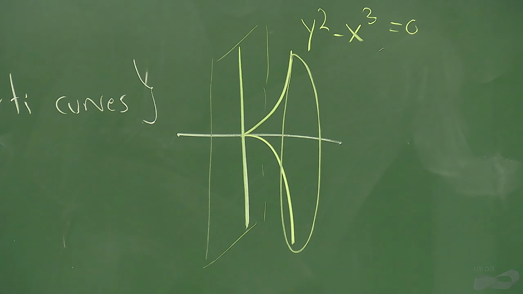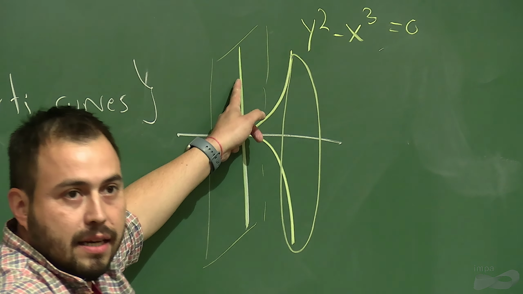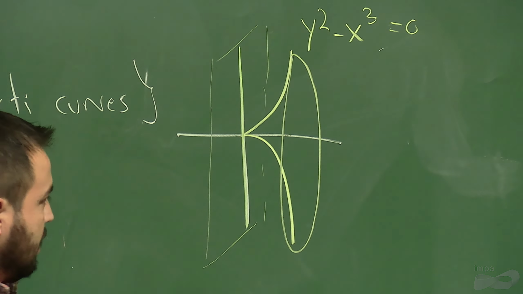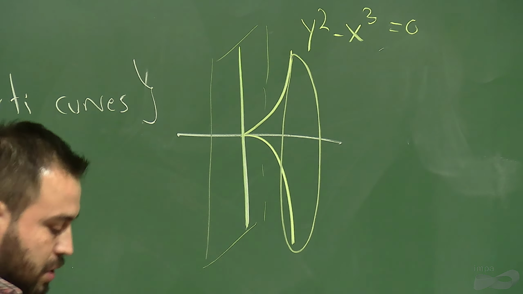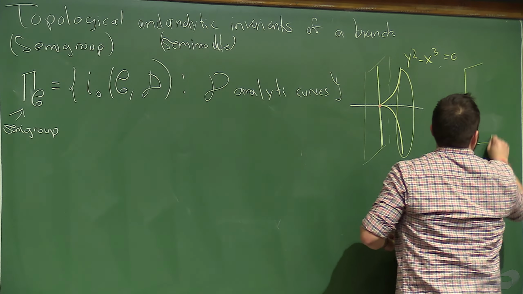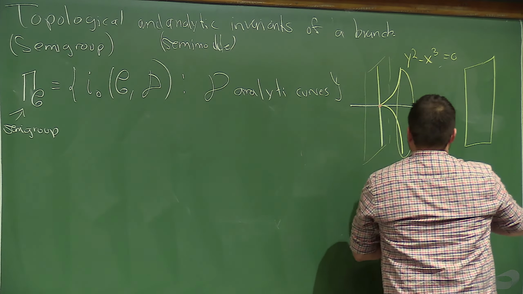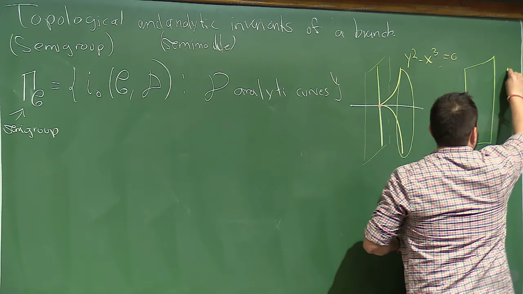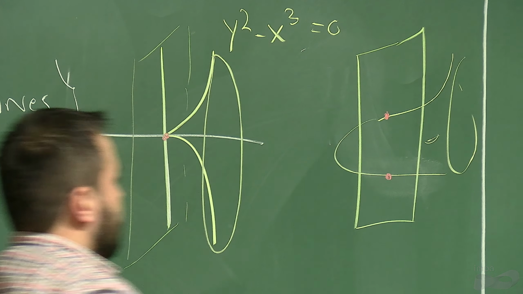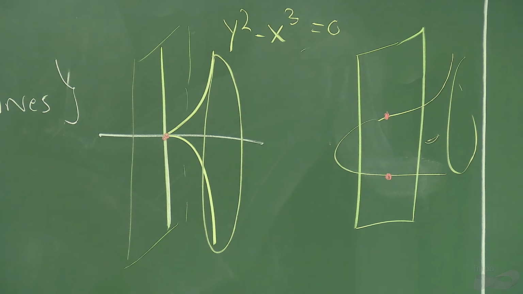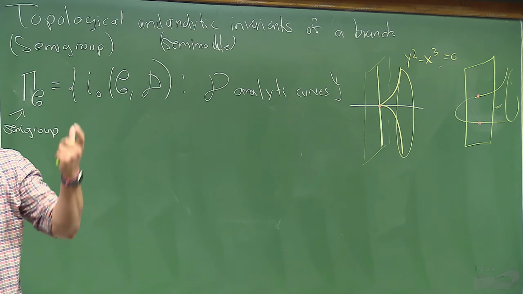If you take the cusp and this line, you make a perturbation, because at the origin the intersection is not good. You take a little perturbation, so we have now 2 points where the intersection is transversal. So this is the meaning of the intersection multiplicity.